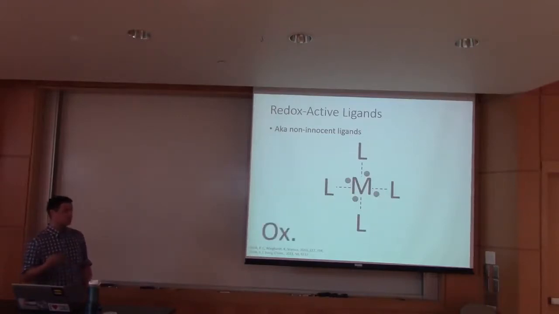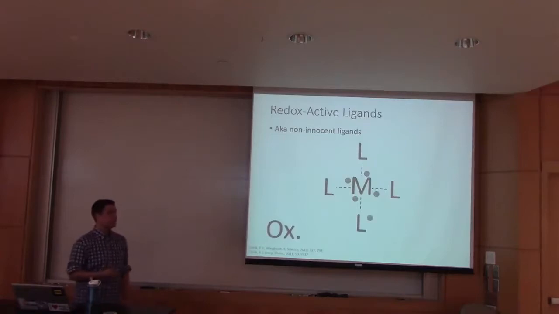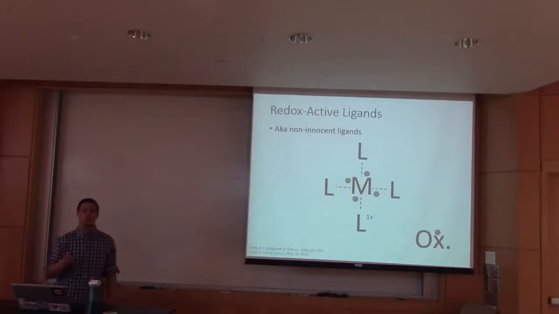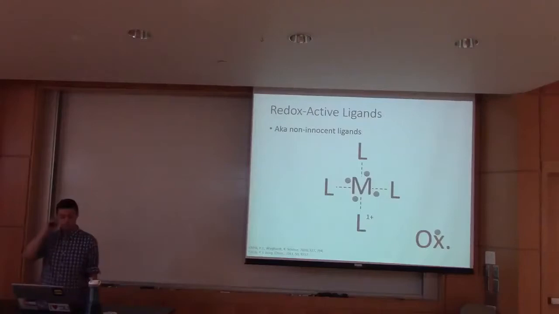Your oxidant is going to come in, it wants an electron, but instead of stealing it from the metal, it's going to steal it from one of the ligands, or multiple of the ligands, depending on how many electrons it wants to take. And that will change the charge state of the ligand and not the metal, and the metal will not change at all. And this is really the precedent for electroconductive MOFs, because now you can put in ligands that also participate in redox reactions. So sometimes this will happen, and sometimes the metal will donate the electron. And that's what turns a plain MOF into something that can conduct electricity.